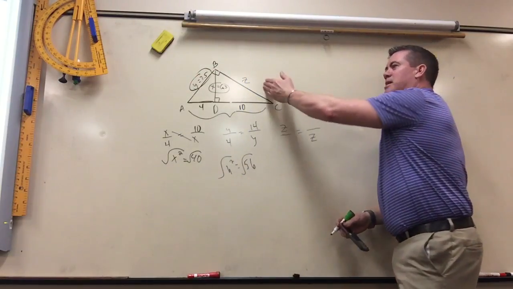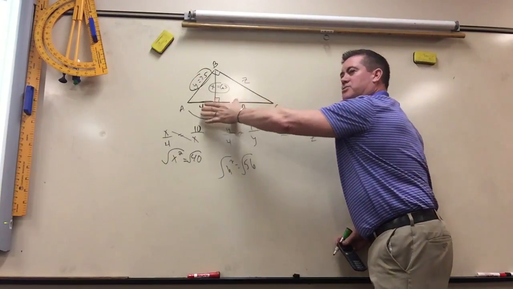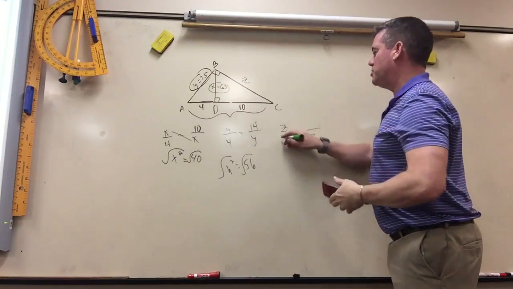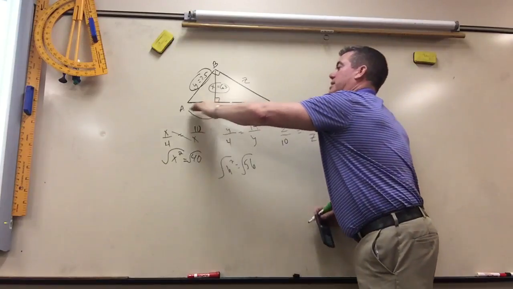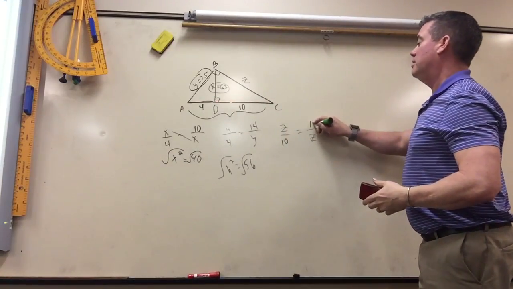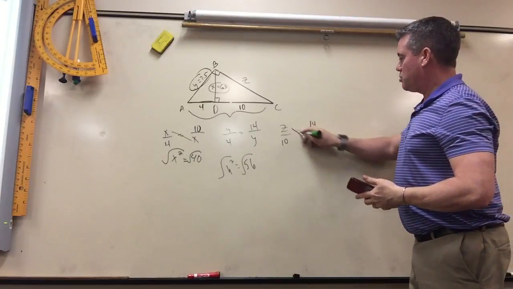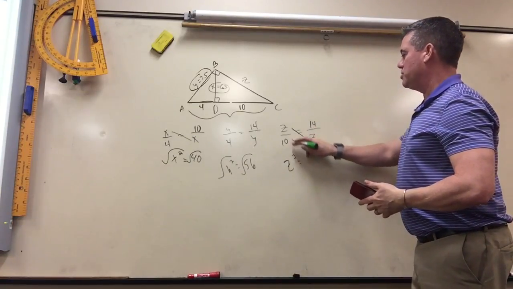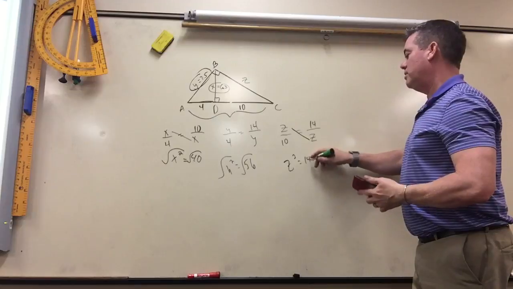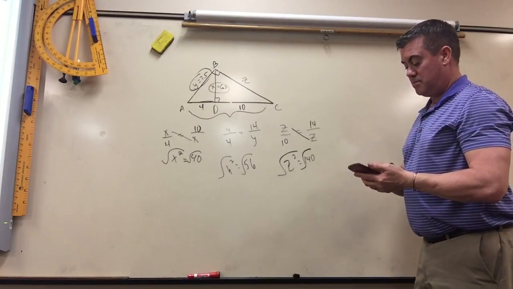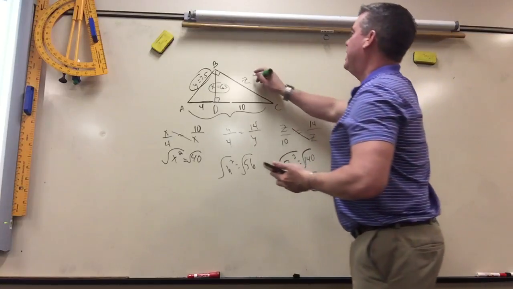And then z is the same type of pattern as this one. You use the piece hooked to the z, which is 10, and then the entire length, which is 14. So you end up getting 3 different proportions. So this one, z squared equals 10 times 14, 140. So we got to square root it, and that's 11.8.